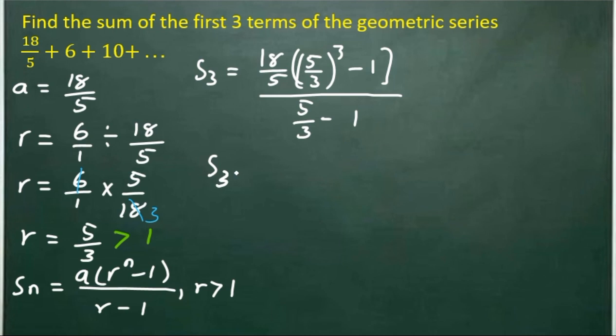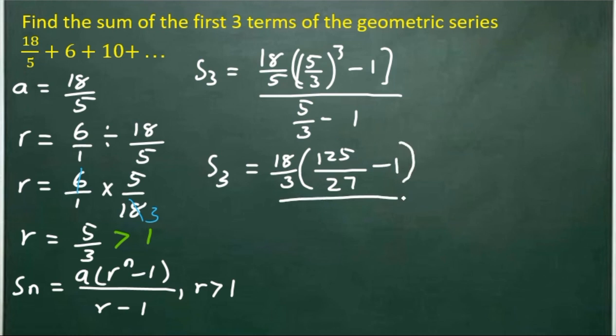So we go ahead to simplify this. This will be 18 over 5, and when you open the bracket, 5 to the exponent of 3 will give us 125, and 3 to the exponent of 3 will give us 27, minus 1, and all this is being divided by 5 over 3 minus 1, which will give us 2 over 3.